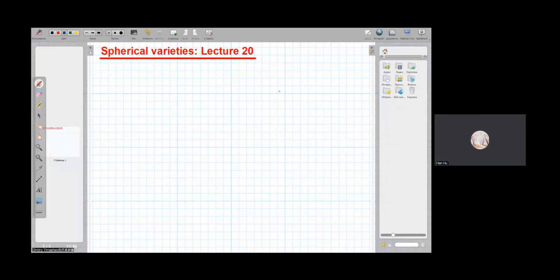Let us start. So we continue our discussion on toric varieties. I keep the previous notation from the previous lecture, so I will denote a given toric variety by X. It contains the given algebraic torus T as the open orbit.